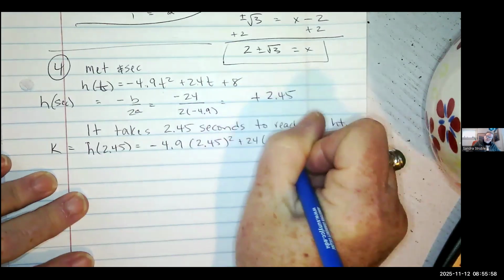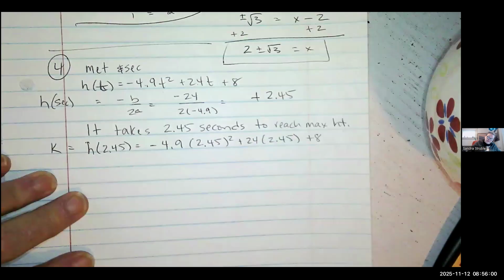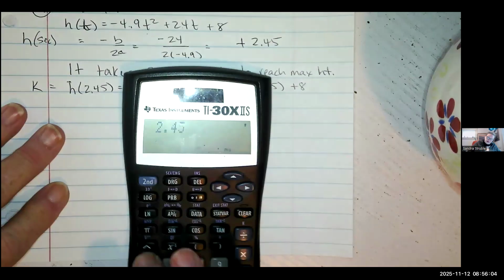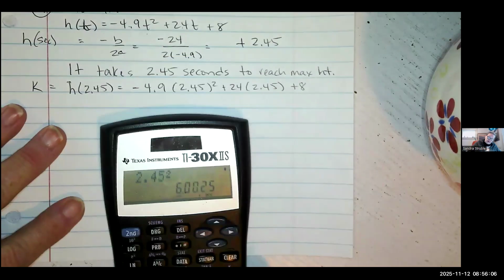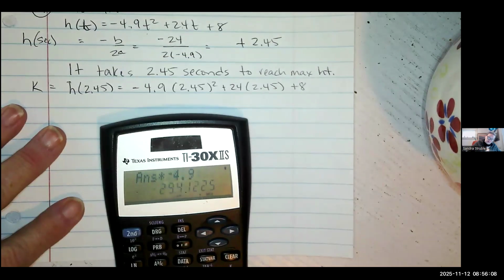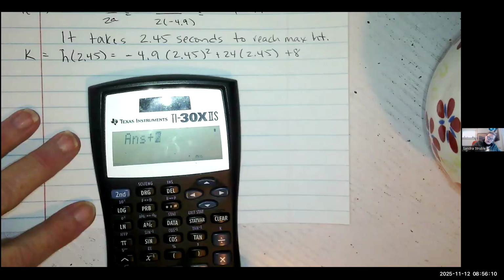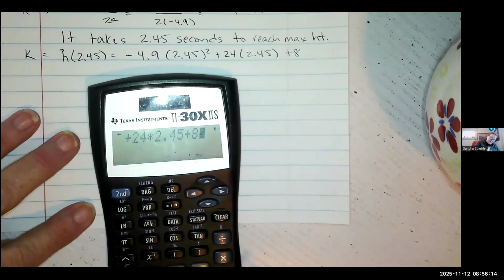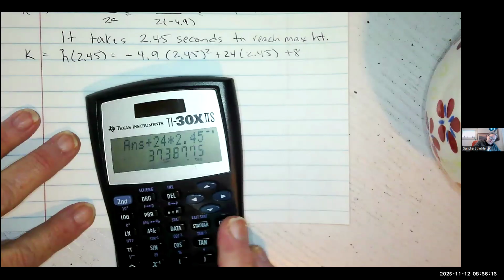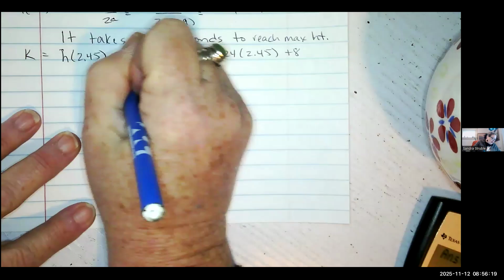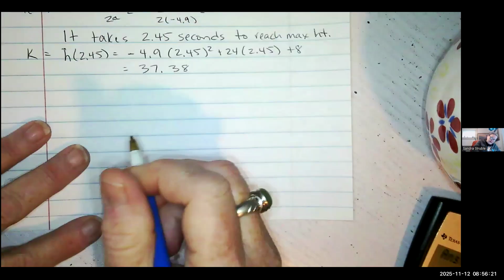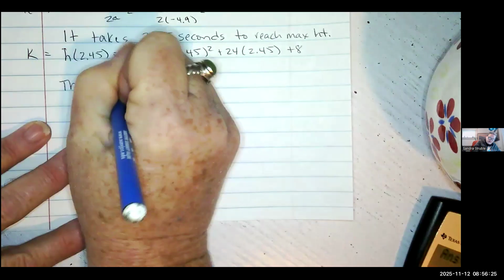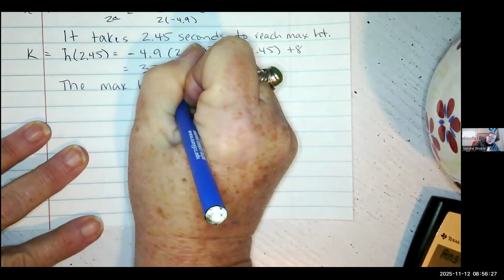All right, 2.45 squared times -4.9 plus 24 times 2.45 plus 8. It's 37.38. All right, let's answer the question. What is the max height? The max height is 37.38, and it's meters.